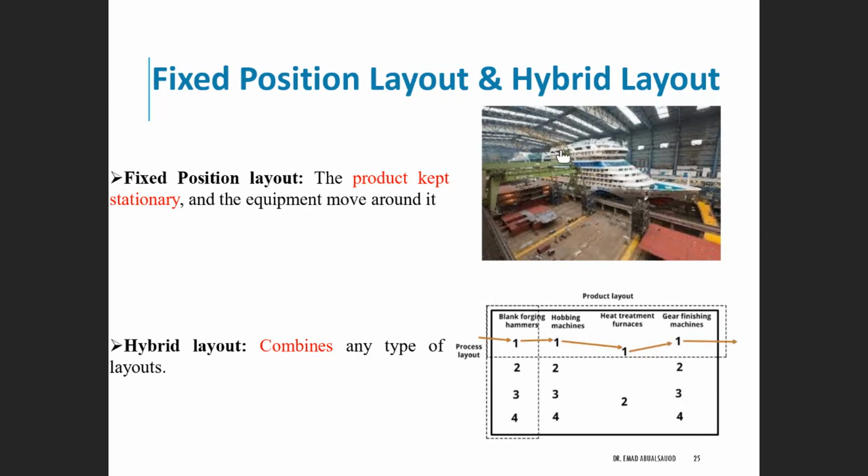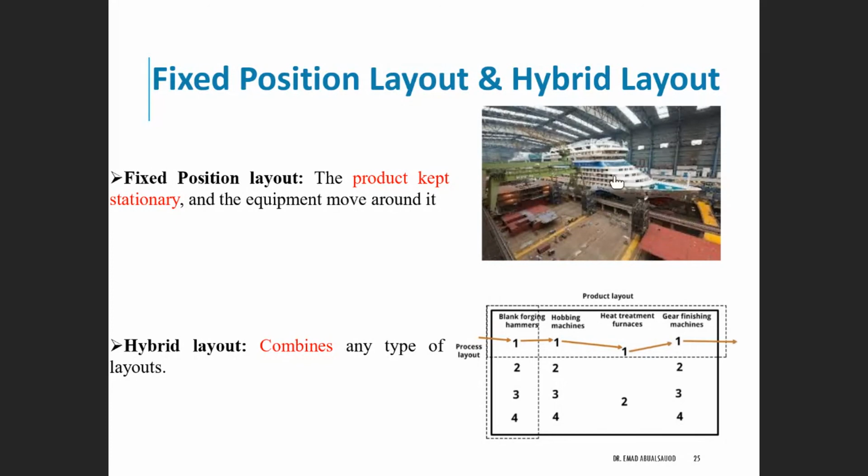When you are building large ships, like the cruise ship or the mega shipping ship, or airplanes, or trains for example, or sometimes a large shuttle, a rocket, those that go up to space. So you keep it stationary and the equipment moves around it.